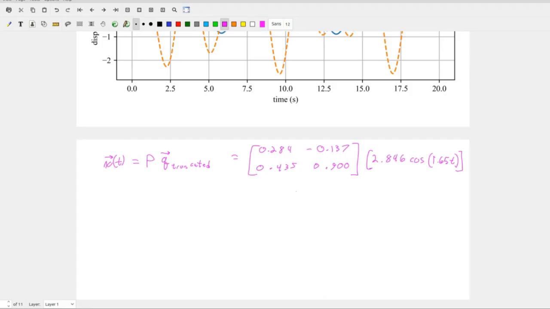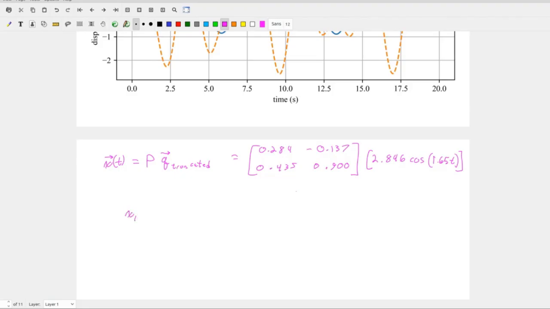That makes sense? But wait, there's more. So this is really cool because just because we take the first coefficient, I'm going to multiply 0.284 times 0.86, and then I'm going to do 0.35 by 286. So I still get a displacement for x1 and x2, right?